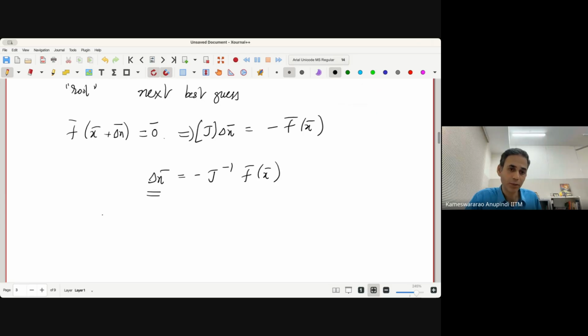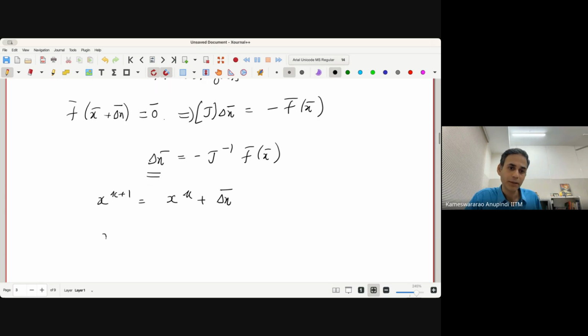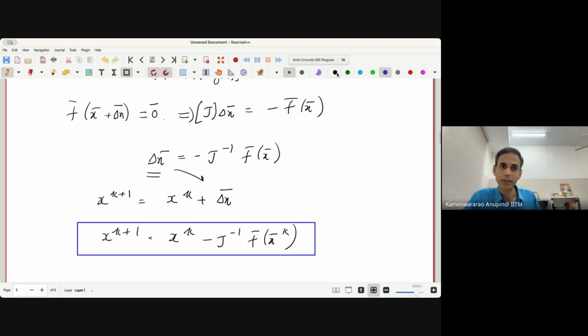That means if I want to calculate my next value, x of k plus 1 equals x of k plus delta x bar, right? So that is the next iterate value. I'm going to substitute for delta x bar this value, that's going to be minus J inverse times f bar of x bar of k, because this was evaluated at k. Okay, so that is my formula for Newton's method as applied to a system of equations.